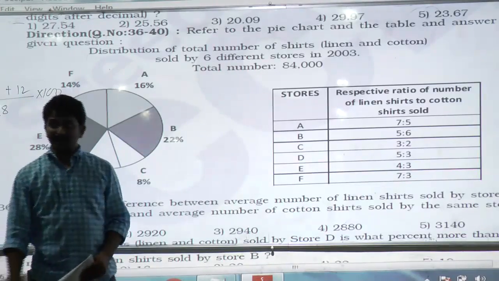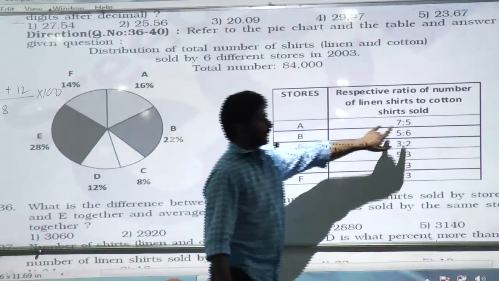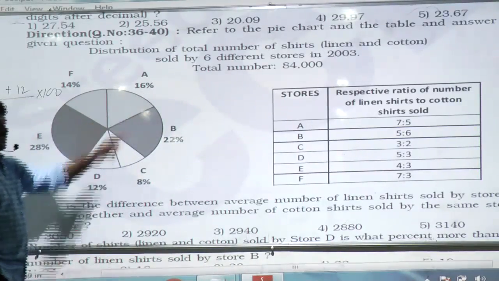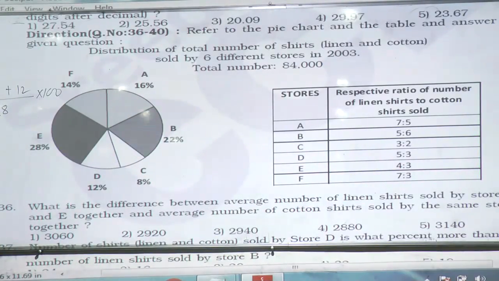Now it is for A. A in total, how many parts do we have? 12 parts is equal to 16%. And cotton shirts are 5 parts. Now you need to calculate this. Look at the calculation for E. 12 parts is equal to 12 plus 12/3.